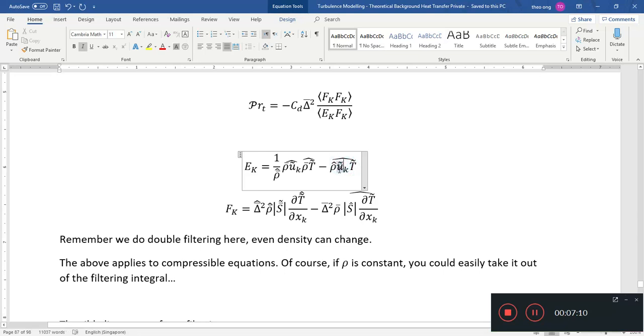Why there's a twiggly line, the tilde here, I'll explain shortly. Then you multiply them together and filter with the test filter. FK is over here, with the doubly filtered filter length scale, delta.